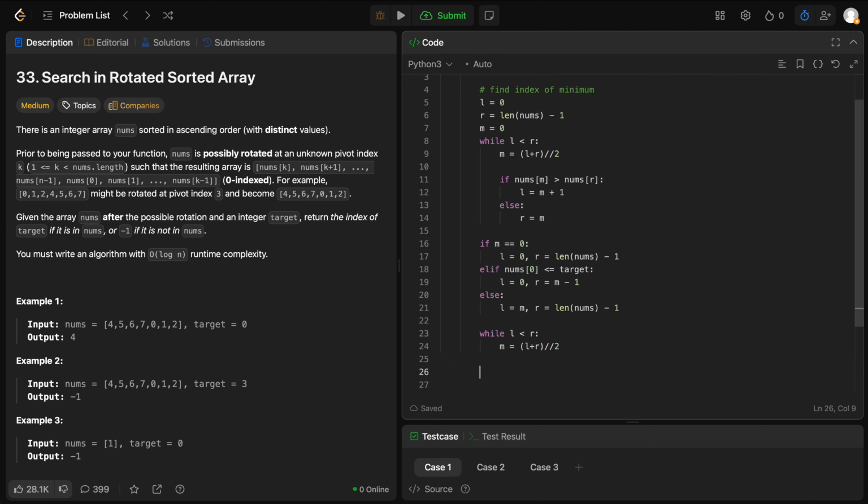Else if nums of m is less than target, then left is equal m plus 1, else return m. And here, return left if nums of left is equal target, else minus 1.